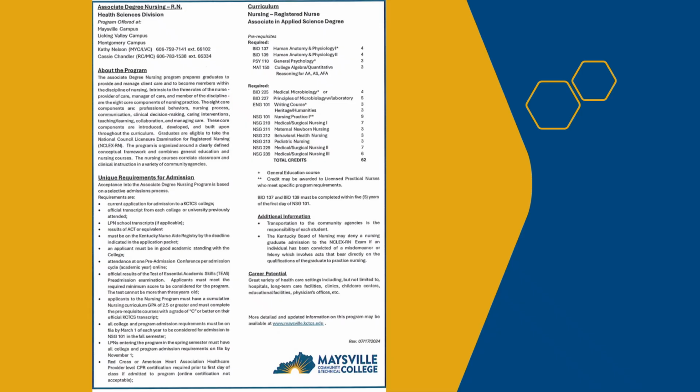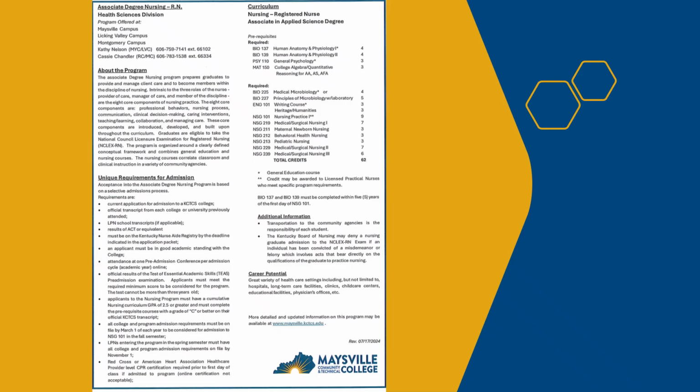So this is our sheet. It's our ADM check sheet, and this is in your information packet that you got off the nursing website for MCTC. It gives you some contact information for the Health Sciences Division, some information about the program, and some unique requirements for admissions.